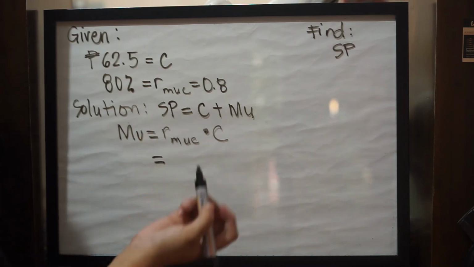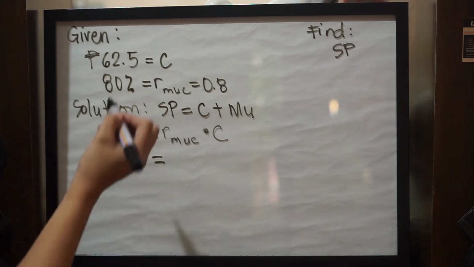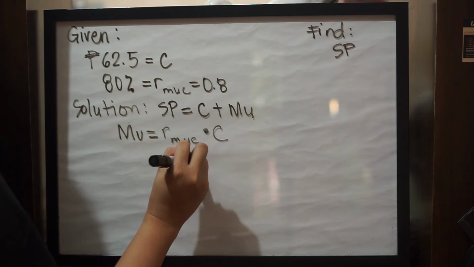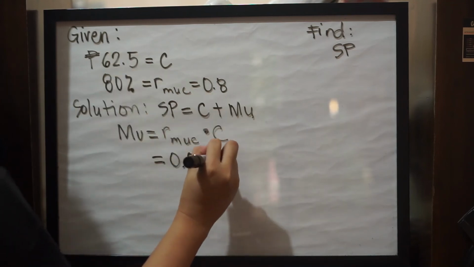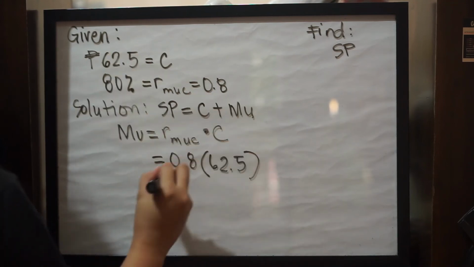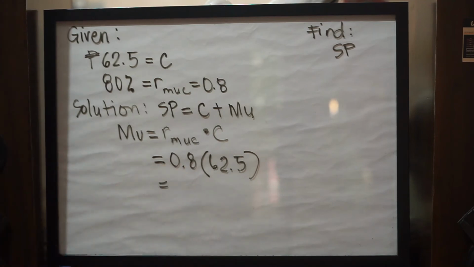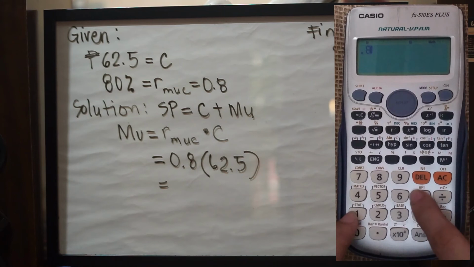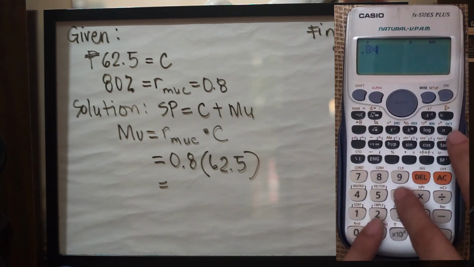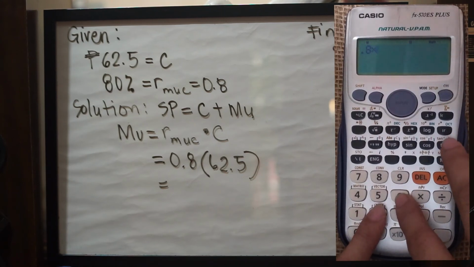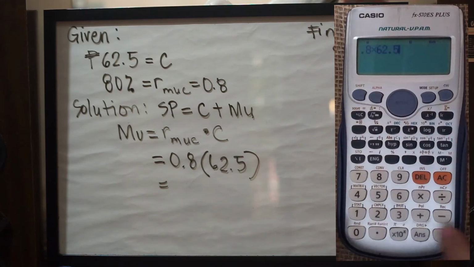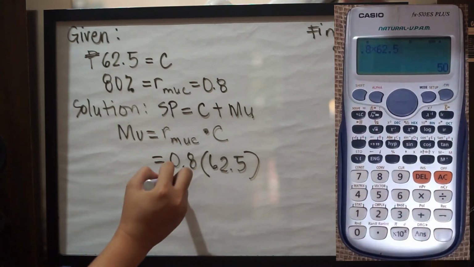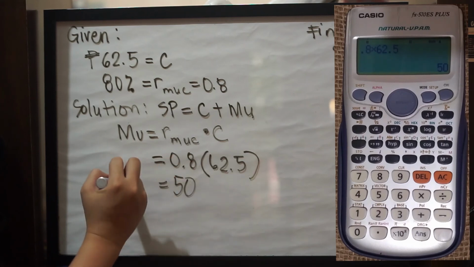Substituting the given values, we will have 0.8 multiplied by 62.5. Get your calculator and try to solve for the markup. 0.8 multiplied by 62.5 is equal to 50 pesos. So, our markup is 50 pesos.